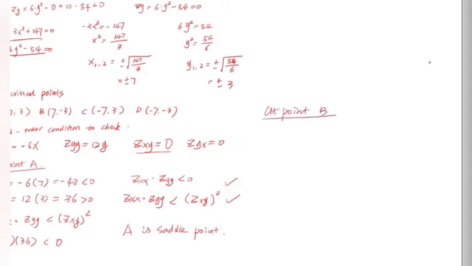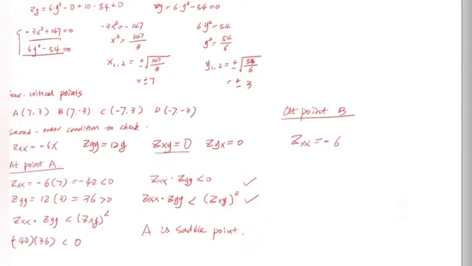At point B, the point B is x is 7, y is minus 3. Zxx is negative 6 times 7, so it's negative 42.